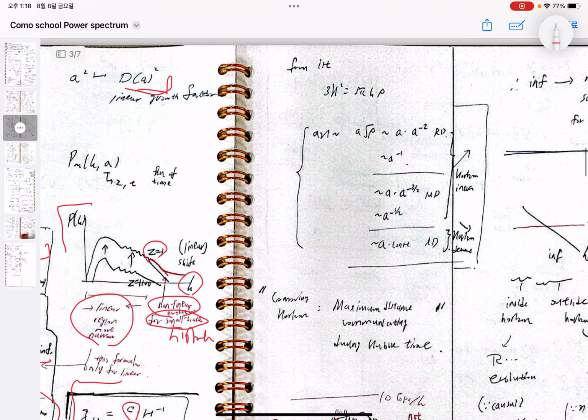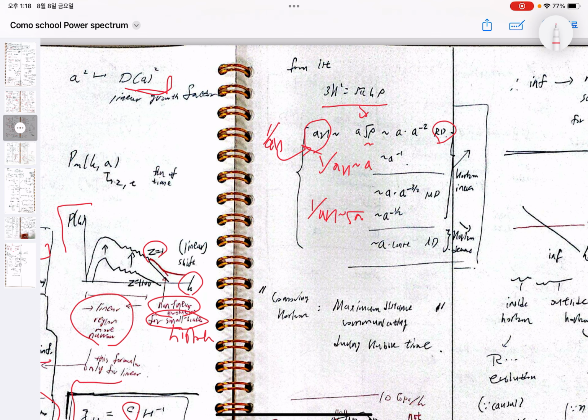We can calculate the comoving distance, the comoving horizon, from the first Friedmann equation. In radiation dominance, rho is proportional to a to the minus 4, so 1 over aH is proportional to a. And for matter domination, a to the 1/2.